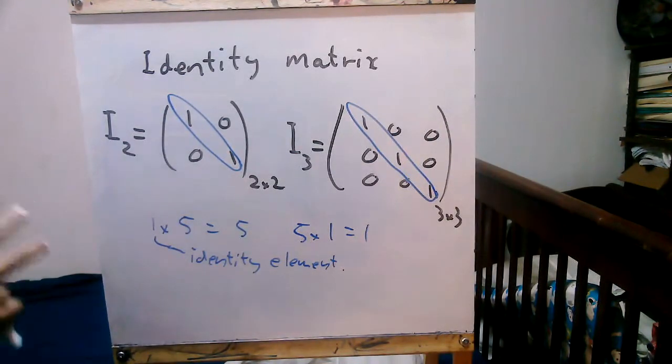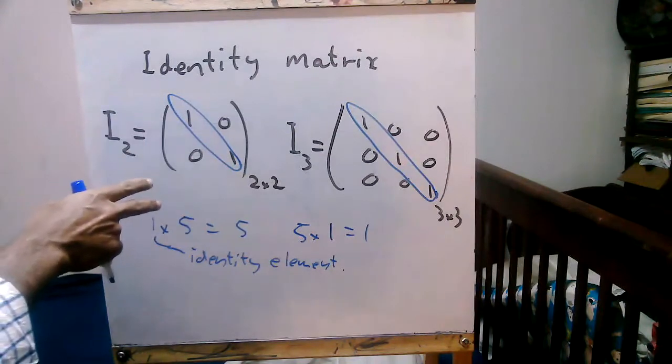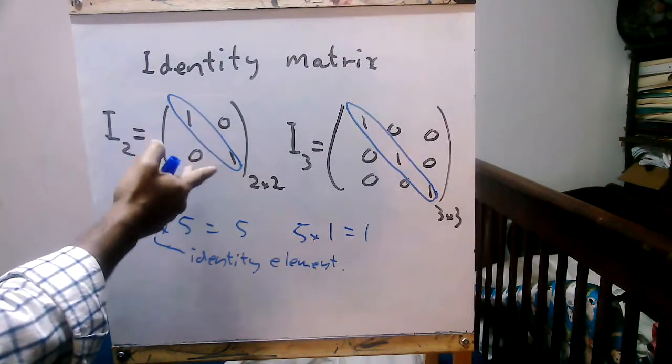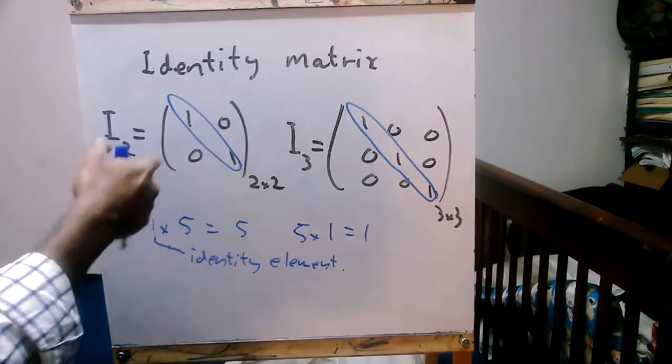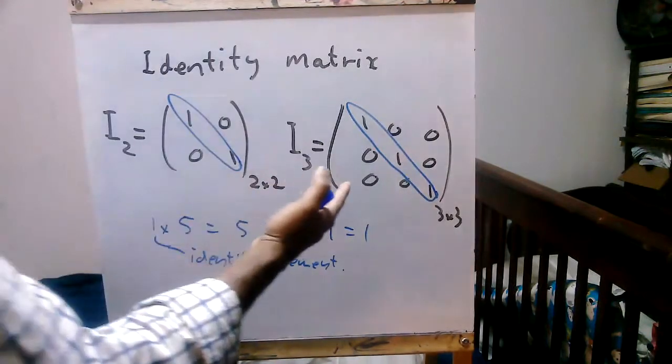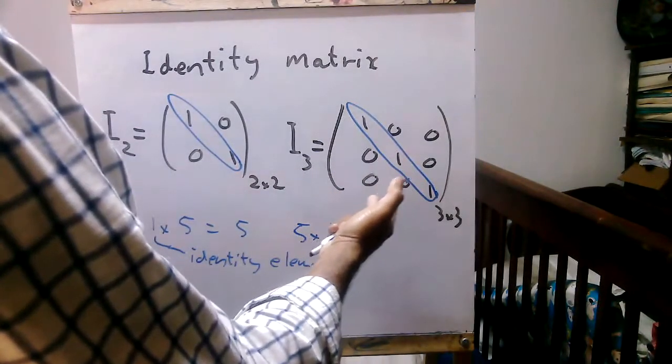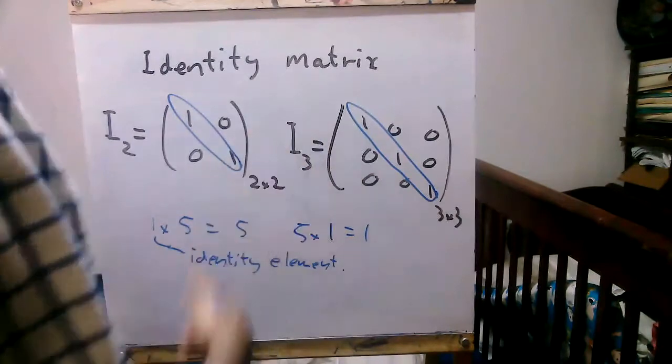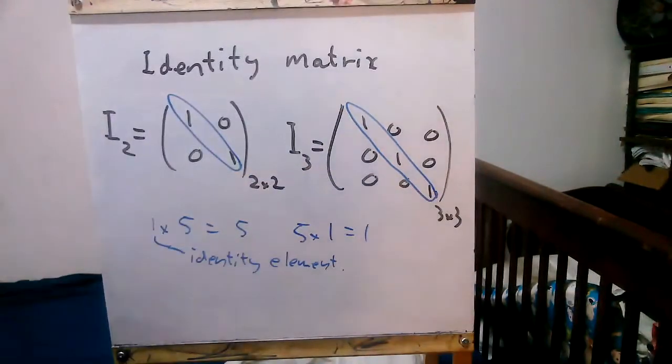But with matrices, this identity matrix is different from matrix to matrix. For a 2 by 2 matrix, identity matrix is this. For a 3 by 3 matrix, identity matrix is this. Right?